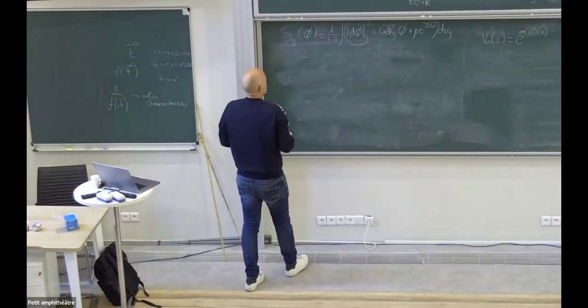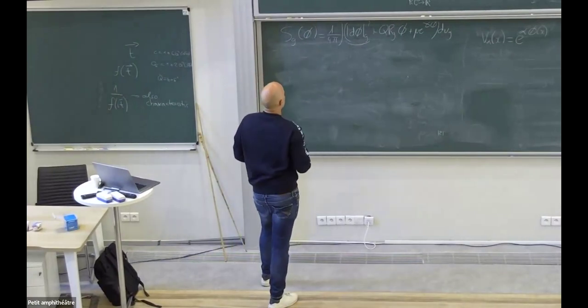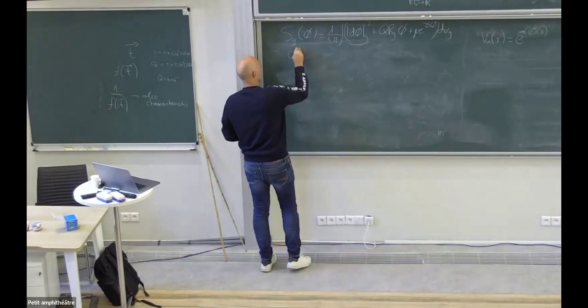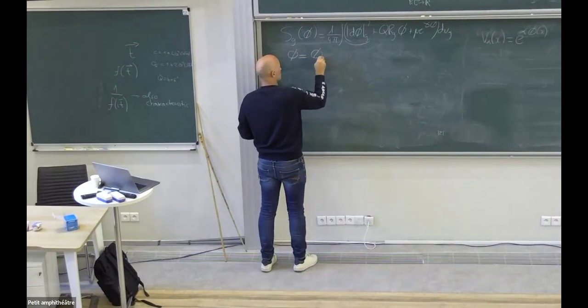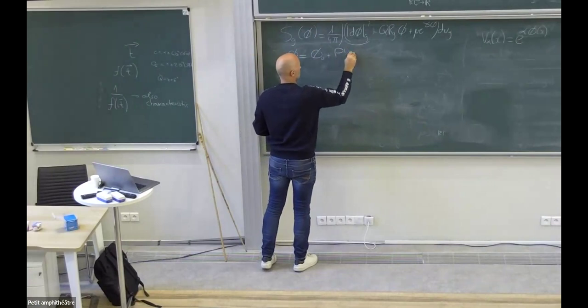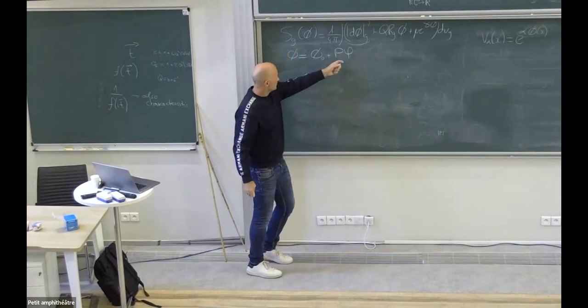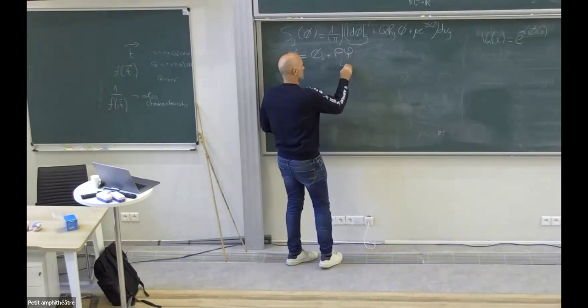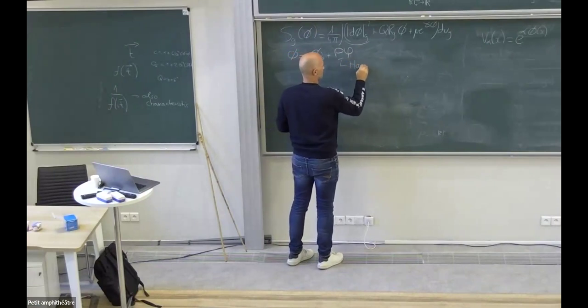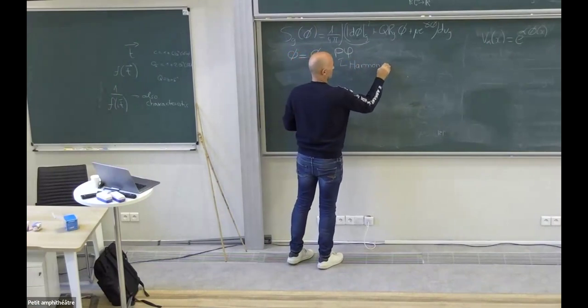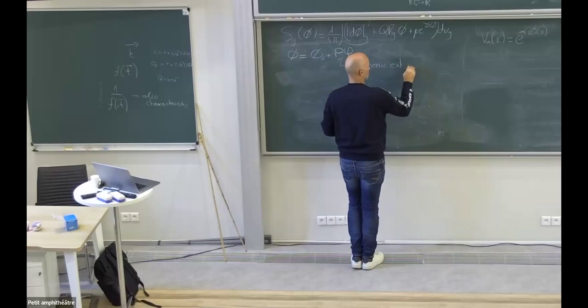And when you have this conditioning up there, you can always decompose your field phi into phi 0 plus phi. So here it means that this guy is the harmonic extension of boundary values.